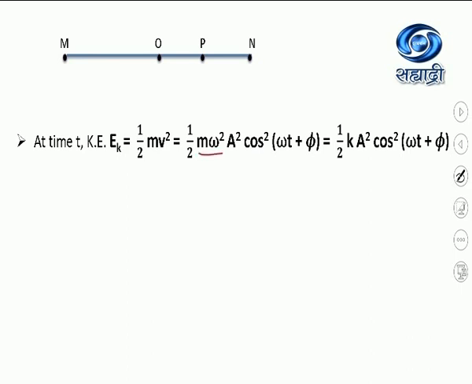So m omega square can be substituted as k. We get the final expression for the kinetic energy at time t, which is half k a square cos square of omega t plus phi, out of which half k a square is a constant. That's why the conclusion is that kinetic energy varies with time as cos square theta.